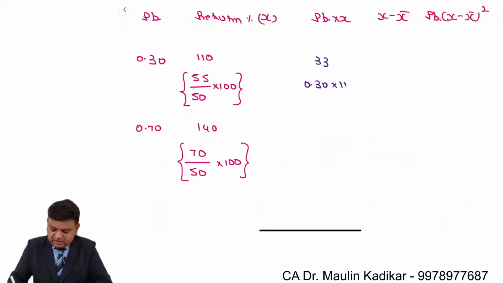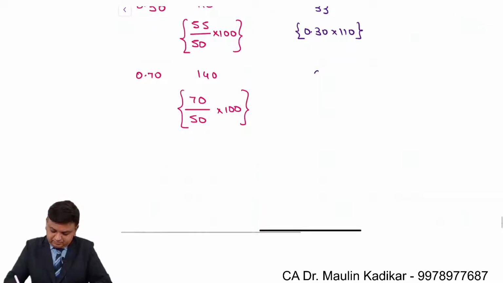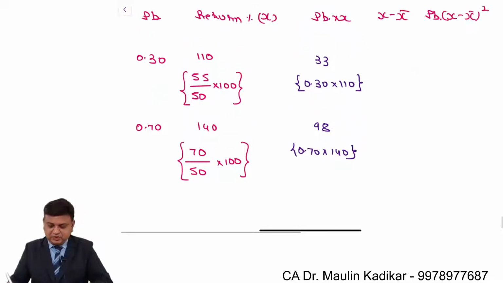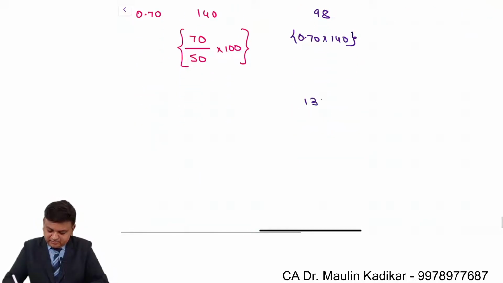Next, 0.7 into 140, that comes to 98. So the overall return comes to 131 percentage. That is x bar.